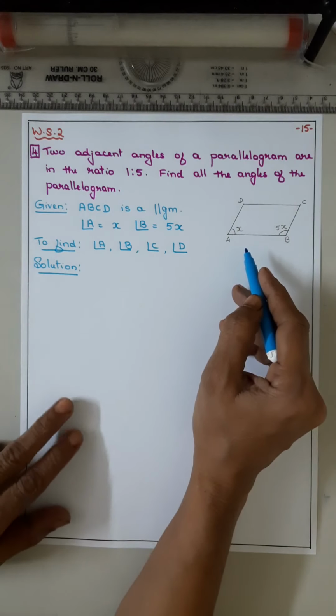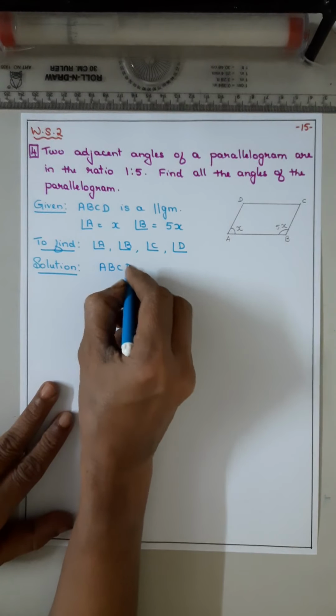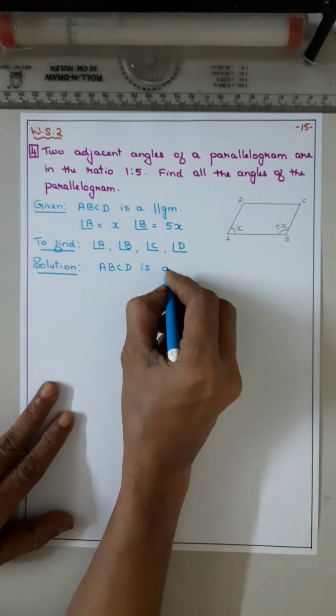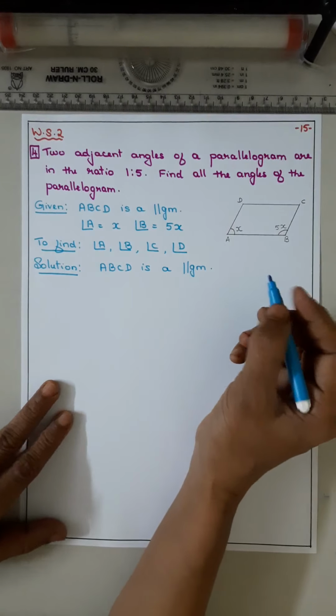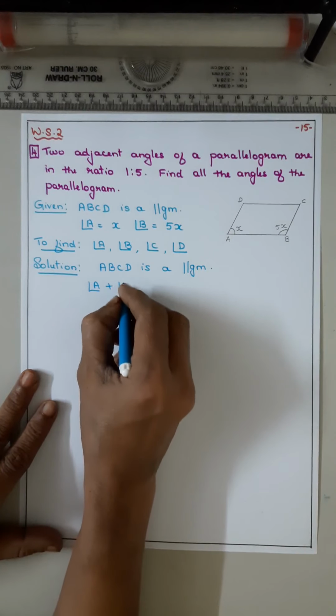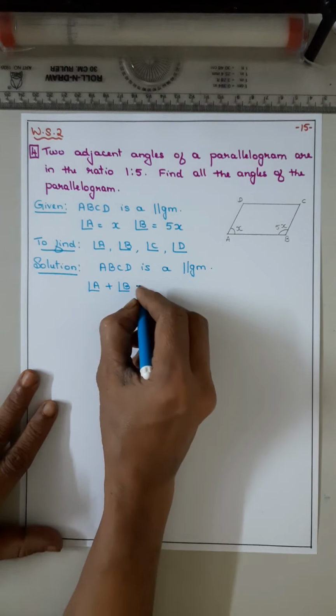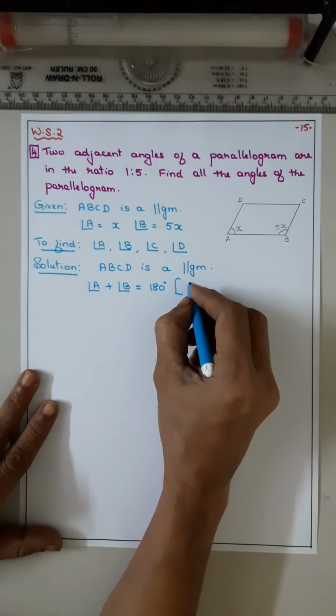Now, coming to the solution, first you write ABCD is a parallelogram, isn't it? So angle A plus angle B should be equal to 180 degrees. Why?